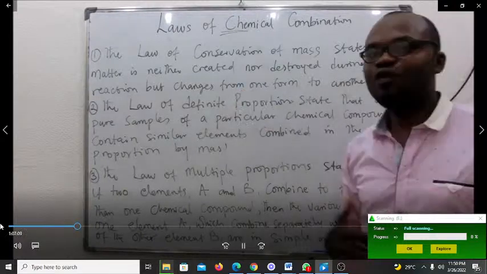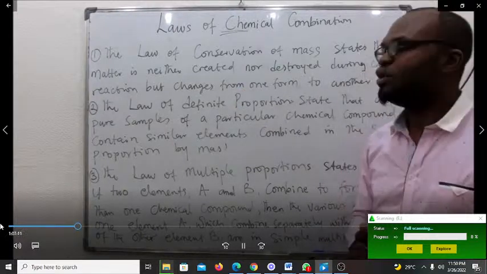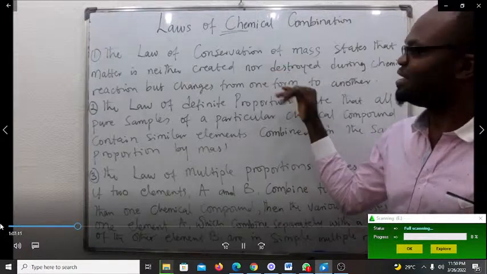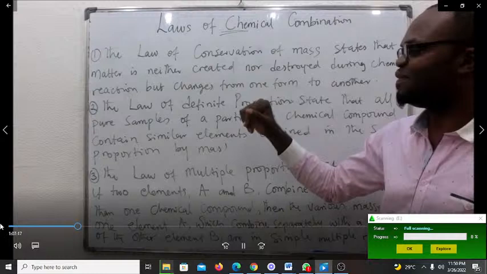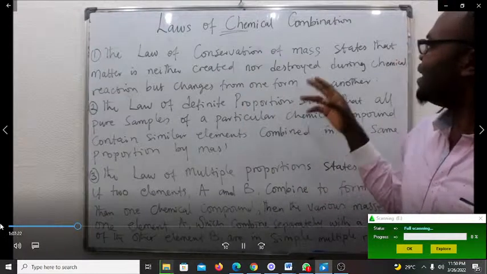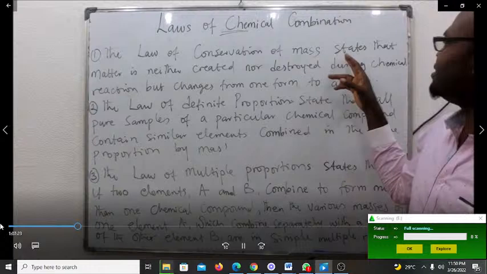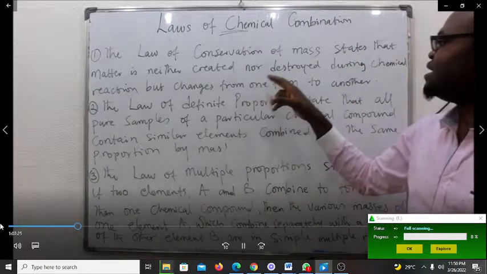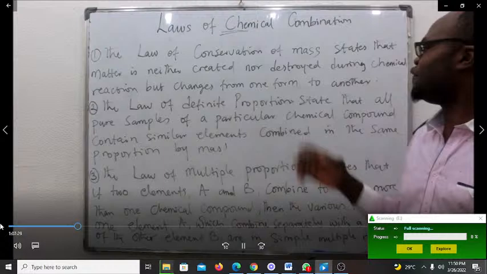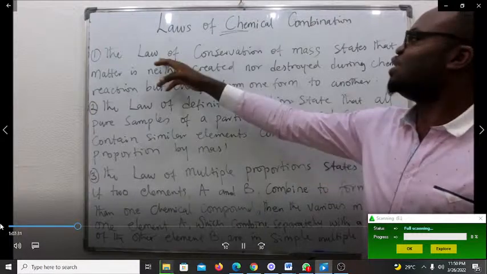In WAEC, JAMB or NECO, you're going to see this law stated and be asked which law is stated. Is it the law of conservation of mass or definite proportion or multiple or reciprocal? Whenever it is stated like this, know that it is the law of conservation of mass.